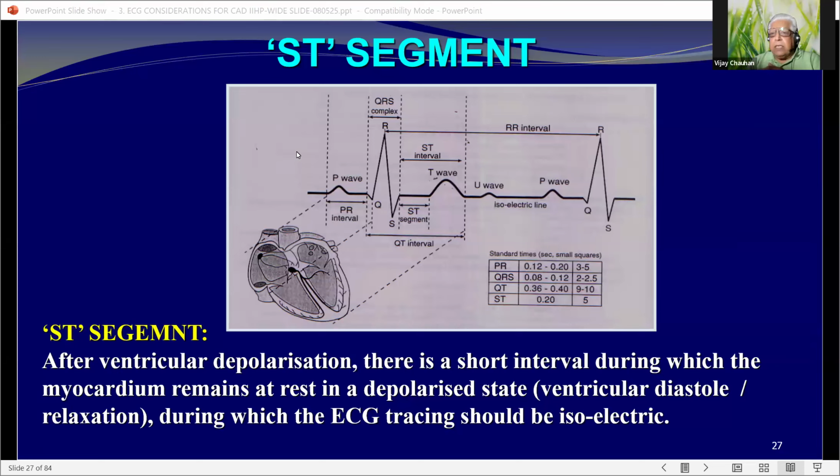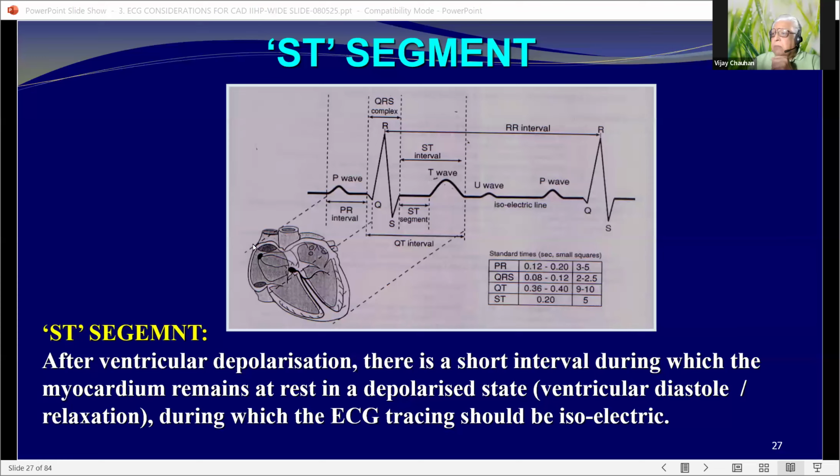Those electrical activities, when we trace on ECG paper, give us certain waves. There is an isoelectric line, a straight line. Certain deflections are upwards, they are positive, and certain deflections are downwards of that baseline or isoelectric line, so they are negative deflections.